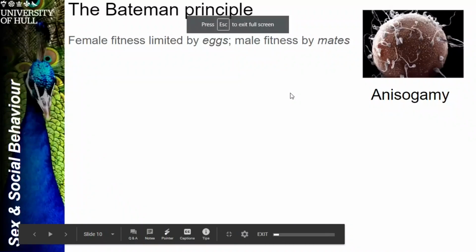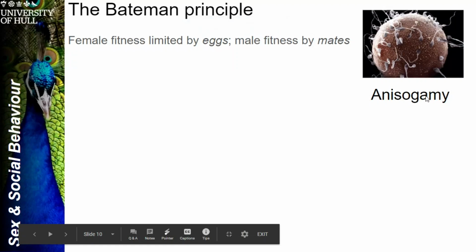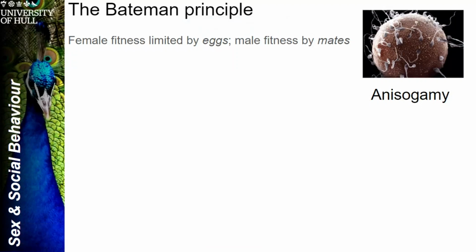That's what we want. So the Bateman principle, you'll meet the Bateman principle and the Bateman gradient in the literature. The Bateman principle is that female fitness tends to be limited by the number of eggs they can physically produce, because they invest more in their eggs than males. Whereas male fitness tends to be limited not by the number of sperm they can produce, because they produce billions.